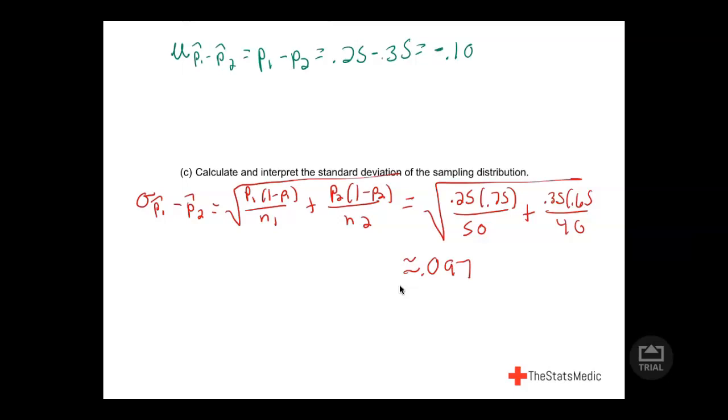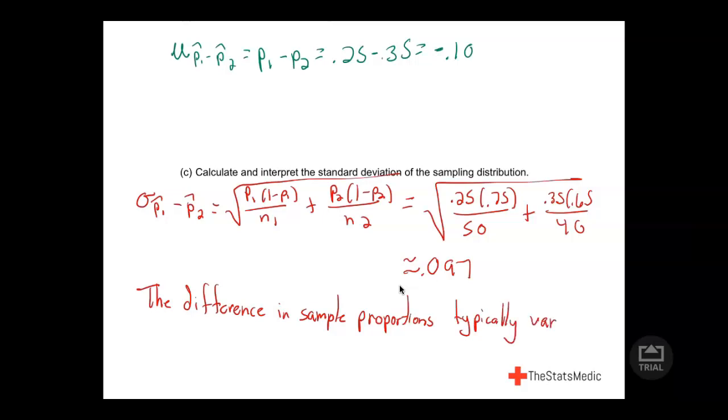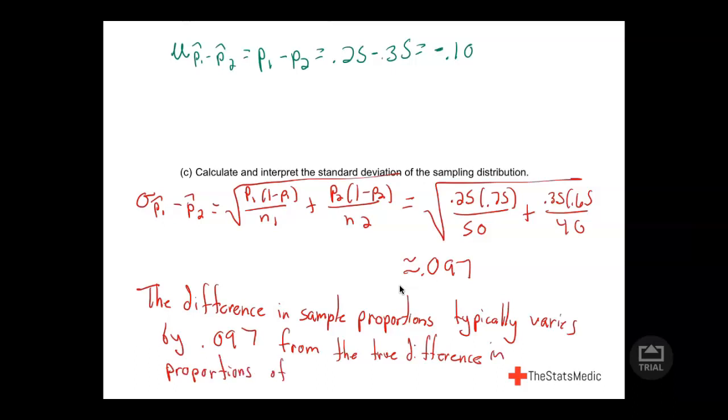So we are going to state that the difference in sample proportions typically varies by 0.097 from the true difference in proportion of negative 0.10.